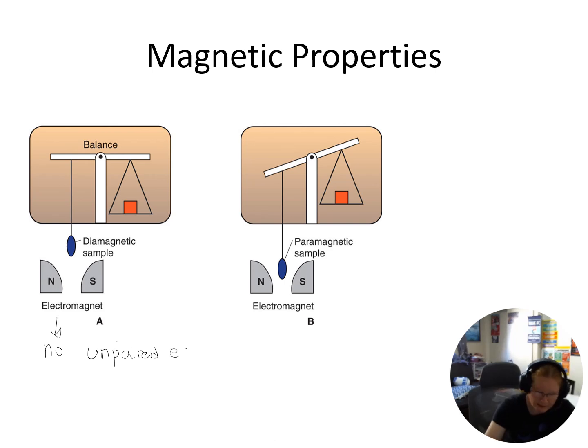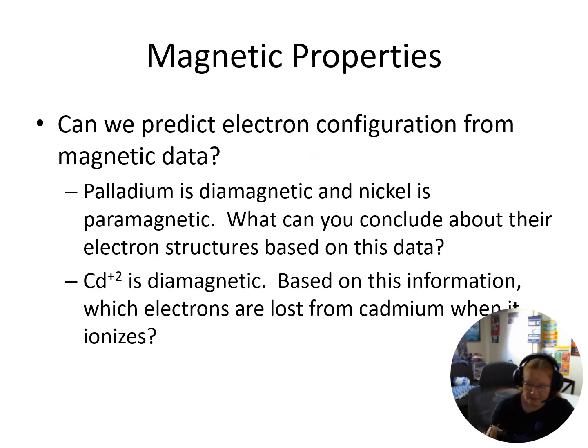In my paramagnetic sample, we have at least one unpaired electron.